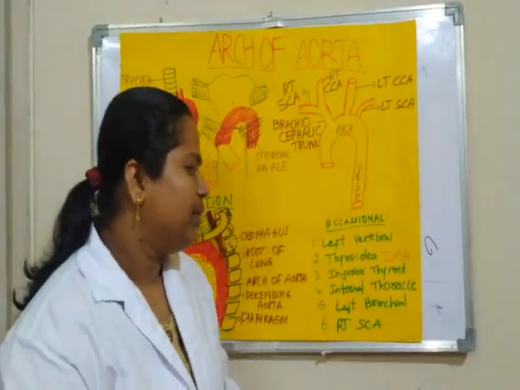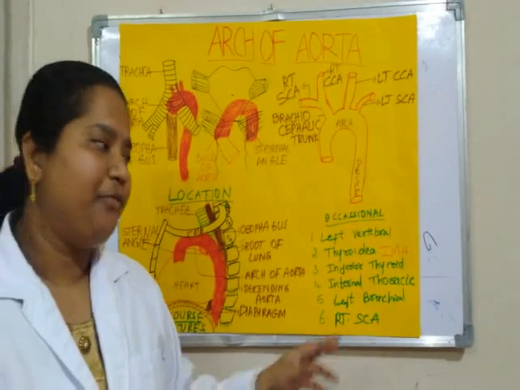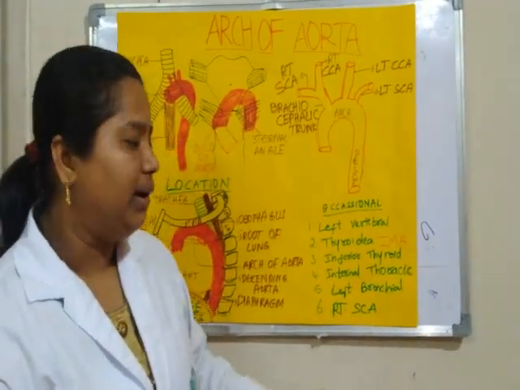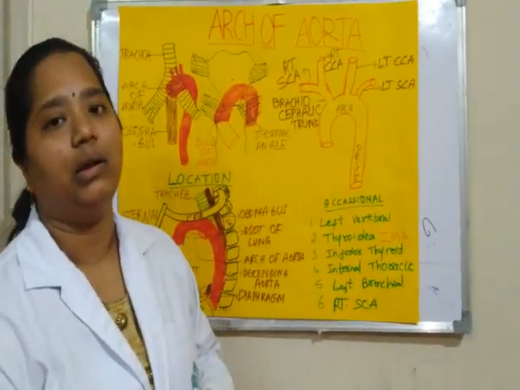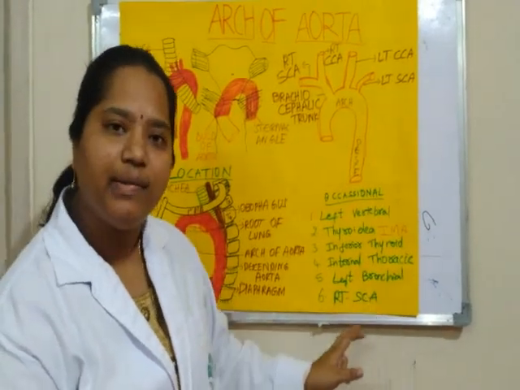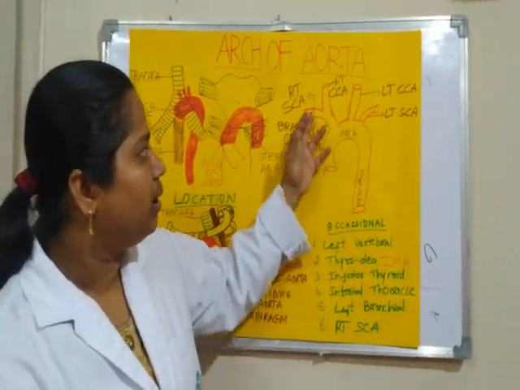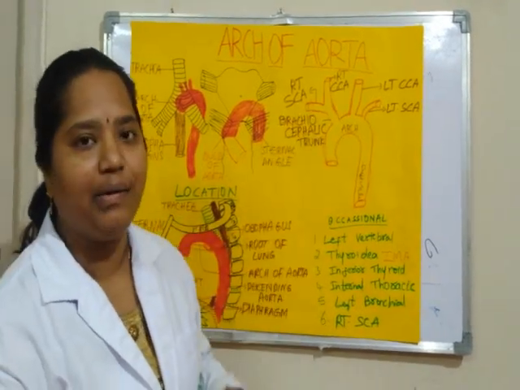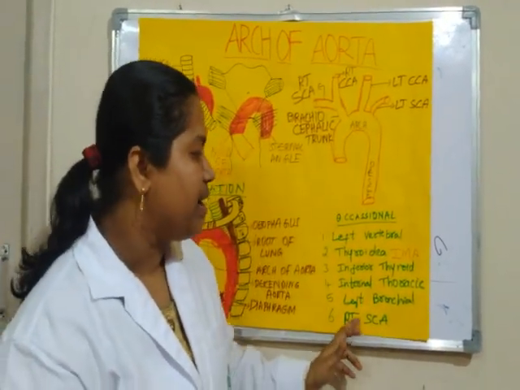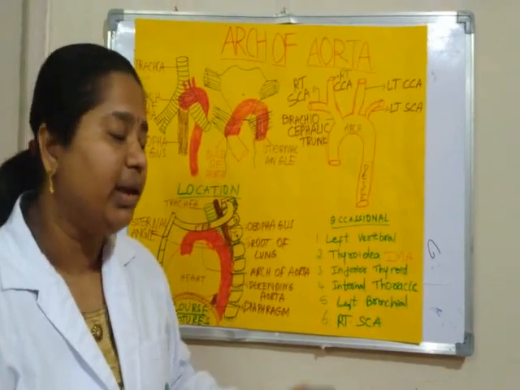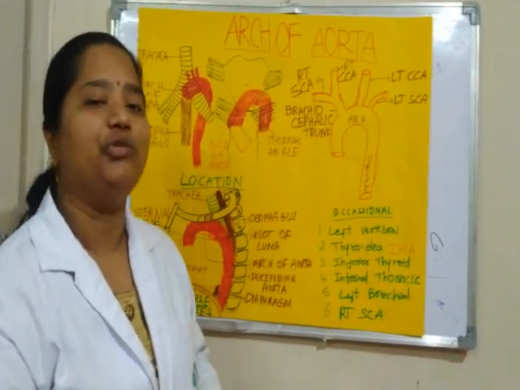Then, very rarely, left bronchial artery and directly the right subclavian artery, though it is an anomaly. Normally right subclavian artery is a branch of brachiocephalic trunk. But sometimes this right subclavian artery takes origin directly from arch of aorta.